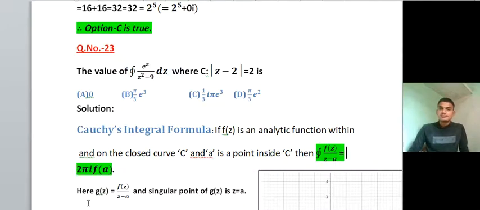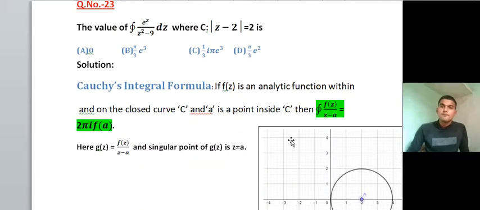We can write g(z) is equal to this f(z)/(z - a). What is a here? A is the point of singularity of the function g(z). Okay, it means at z is equal to a, the function g(z) is undefined.